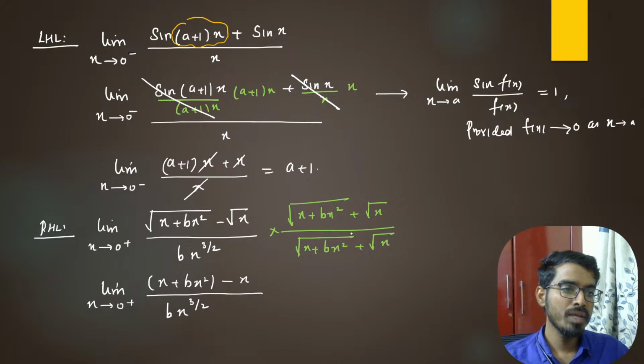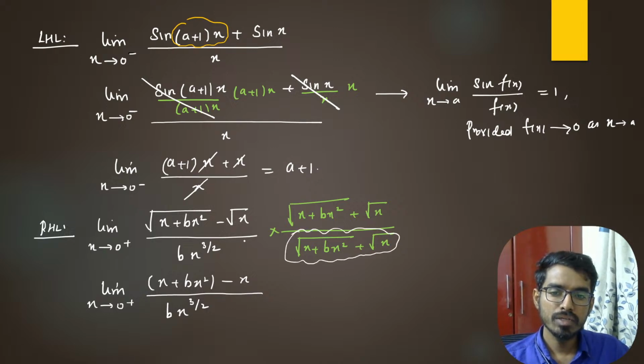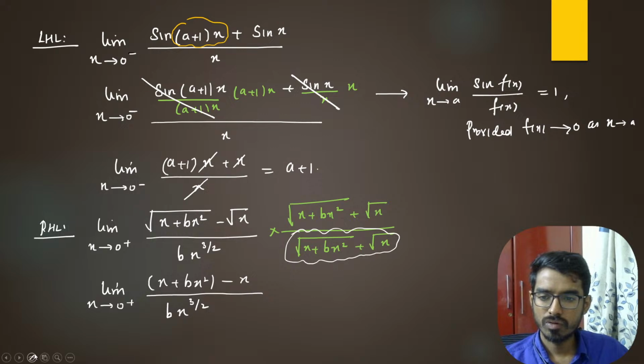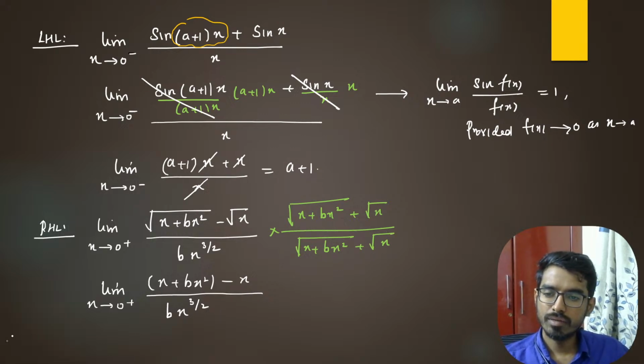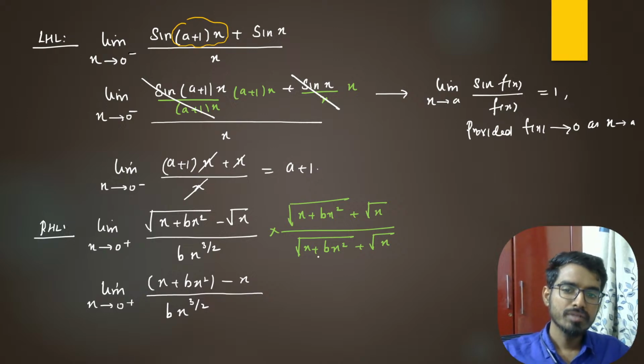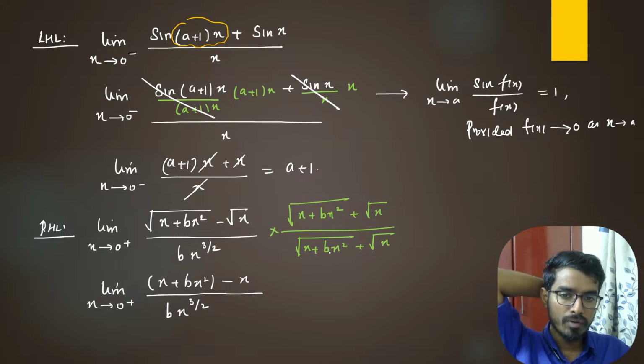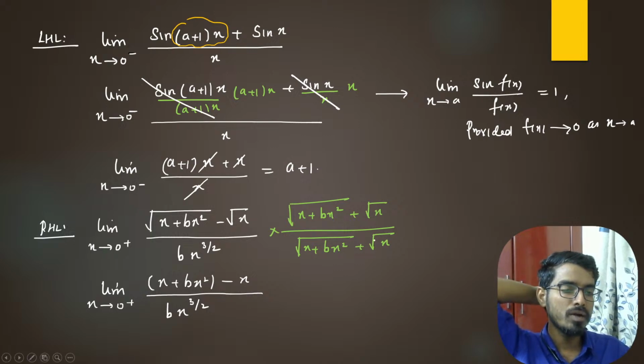See, I'm going to give you a very important thing. When you apply the limit here, suppose this is a finite non-zero number, and if I apply the limit here, what will you have? 0 plus 0 plus 0. Here I cannot do anything.